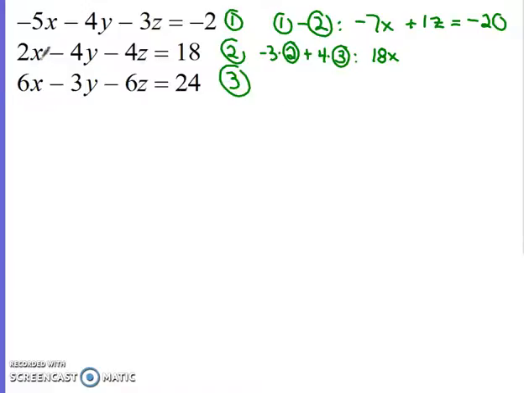The y should work, but let's check. Positive 12y minus 12y. Good, that'll go away. And then positive 12z plus negative 24z. All right? Positive 12z plus negative 24z is negative 12z.